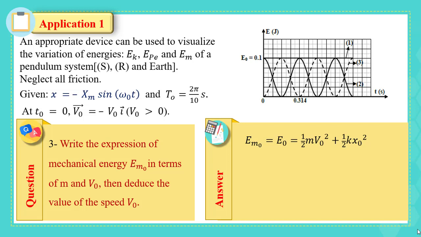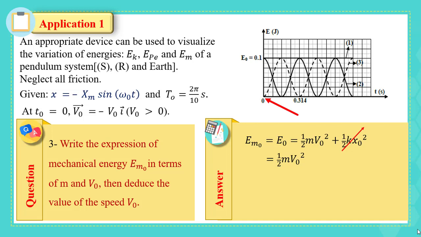But they want us to find it in terms of m and v0. So at t equals 0, we have x equals 0, thus the elastic energy is 0. Then the mechanical energy EM0 is just half m v0 squared.